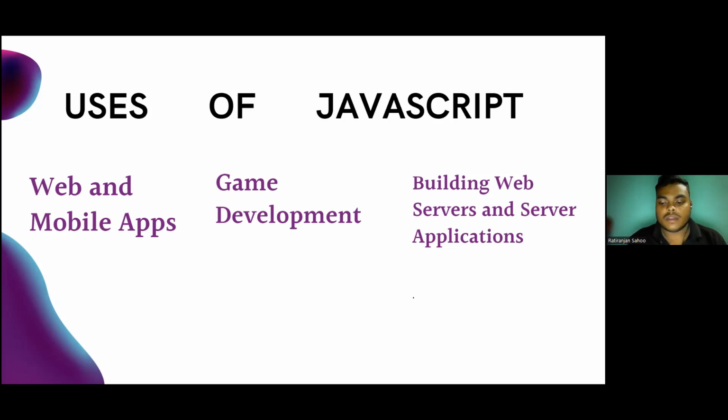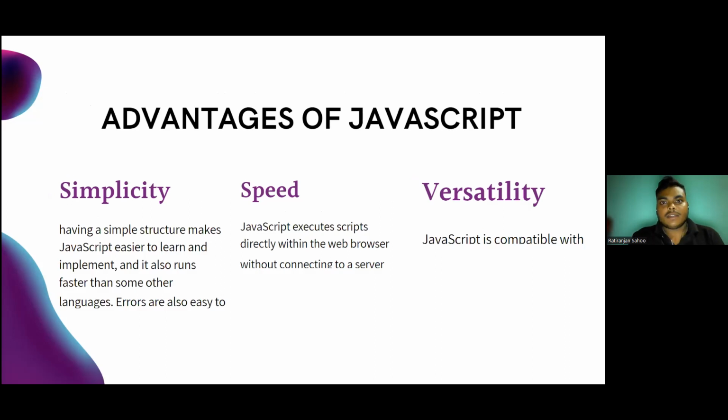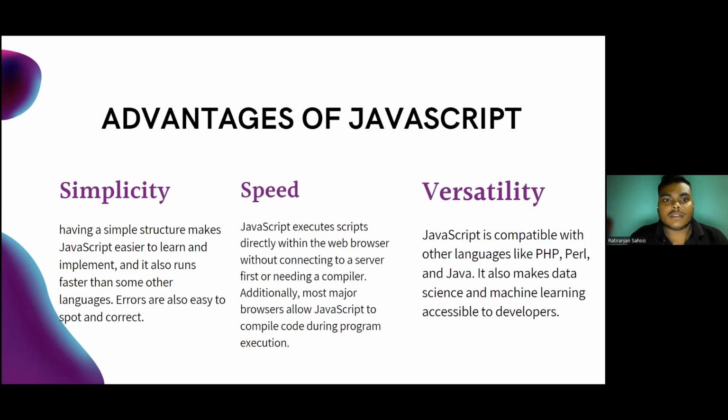Then next are the advantages of JavaScript. There are so many advantages, such as it is very simple to handle. Simple means its syntax is very simple, and it takes less time as compared to other languages. Next advantage is its speed.